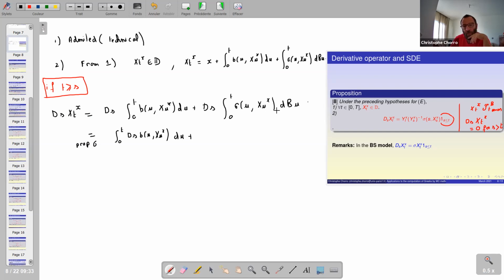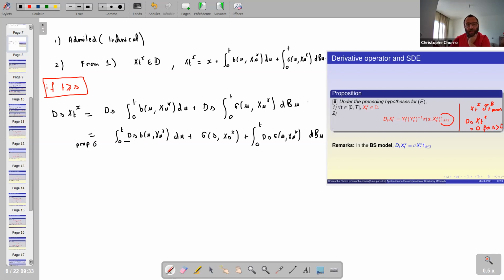Plus the derivative of the stochastic integral, and I know that this derivative is given by sigma(s, X_s(x)) plus the integral between 0 and t of D_s sigma(u, X_u(x)) dB. Okay, so I have this from proposition 6. I apply the result of proposition 6 both for the Riemann integral here and the stochastic integral here.